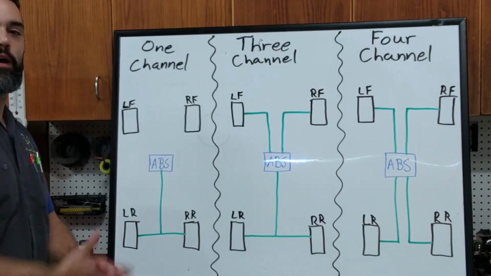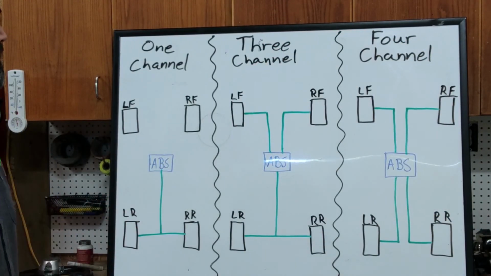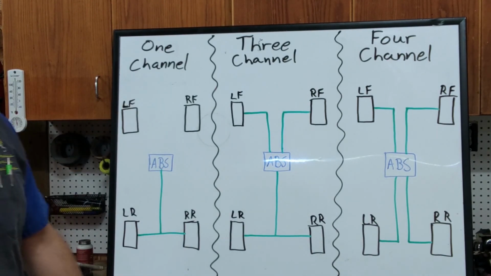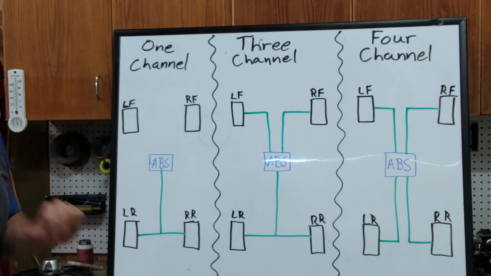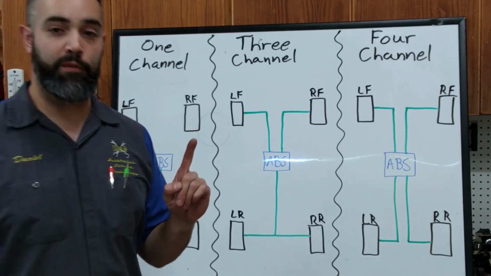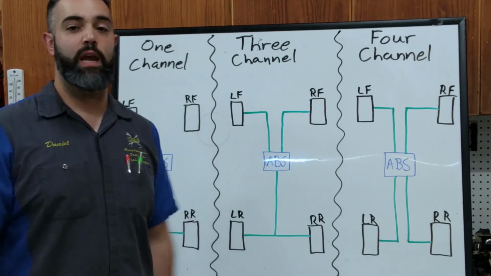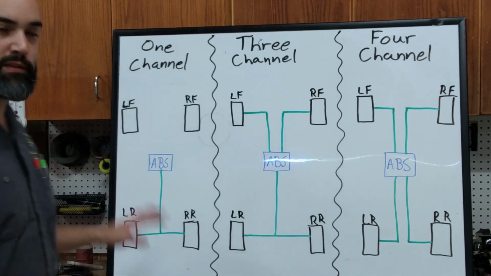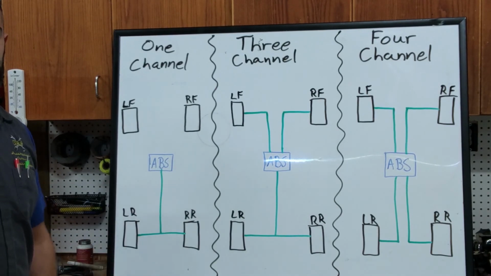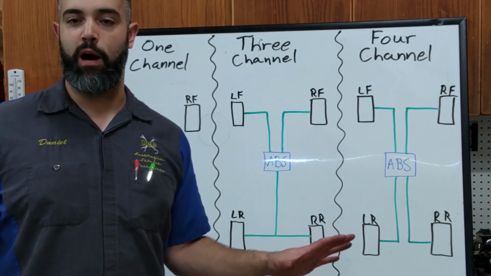All right, let's talk about how this is configured on certain vehicles. We'll start with the most basic form of anti-lock braking systems. The one-channel ABS. This one channel is referring to the input to the ABS controller. So this vehicle only has one input for both rear wheels, and no other wheels are being monitored.